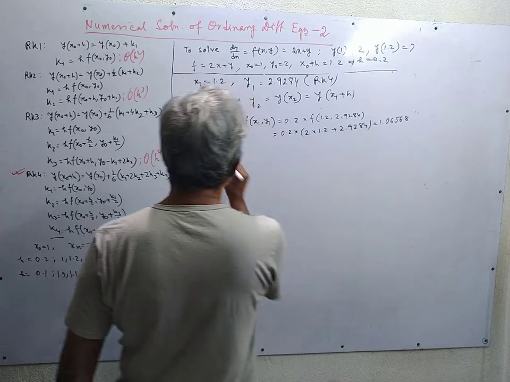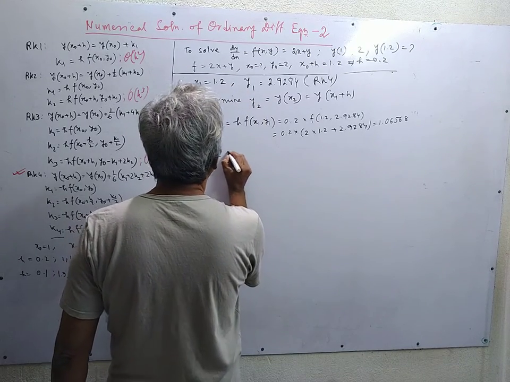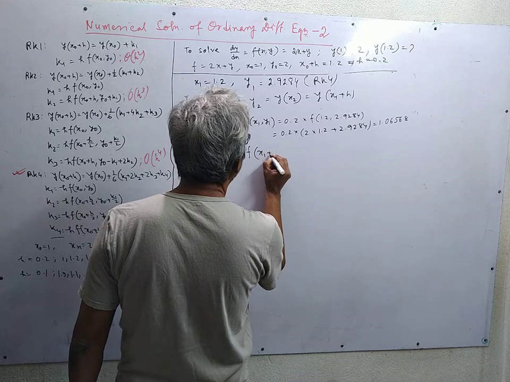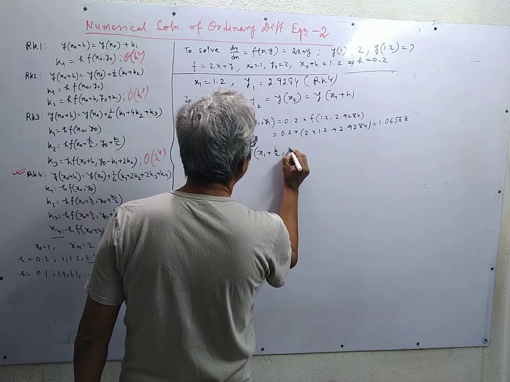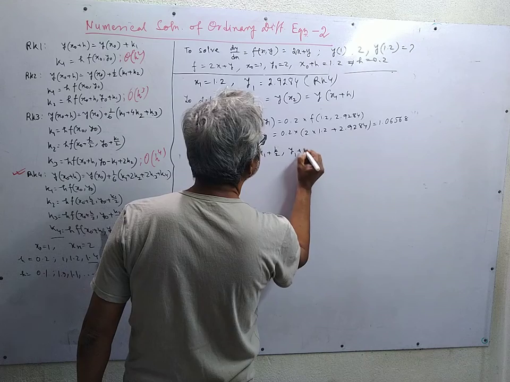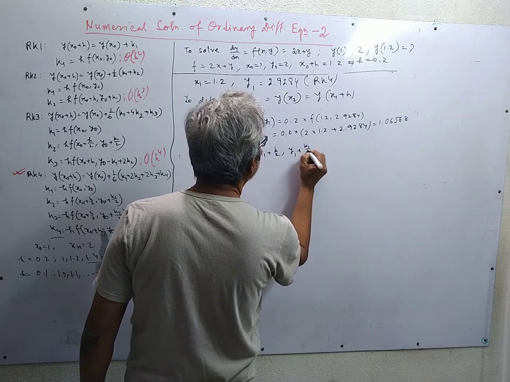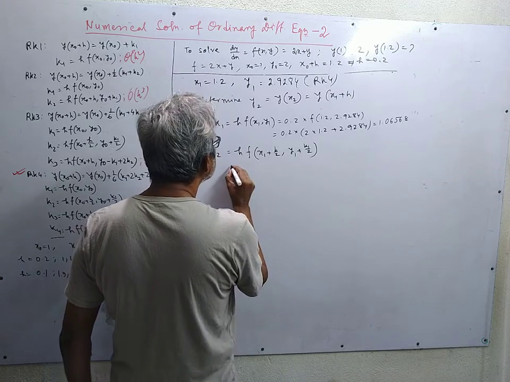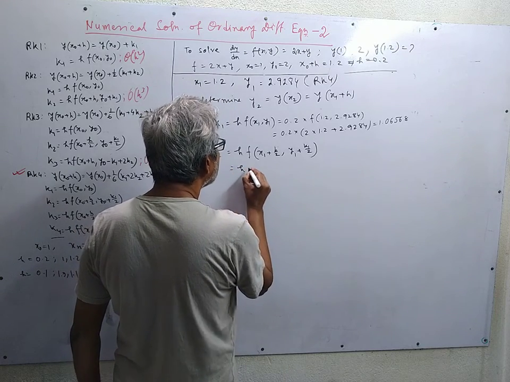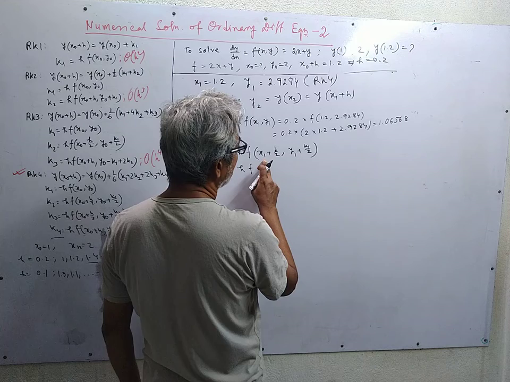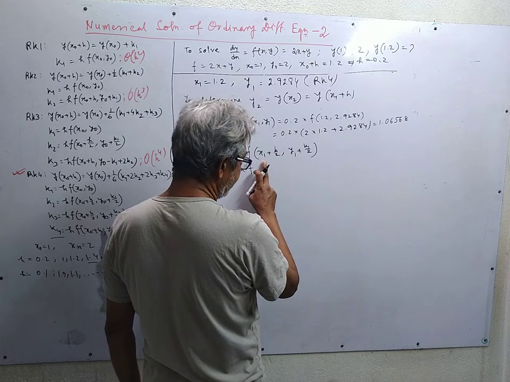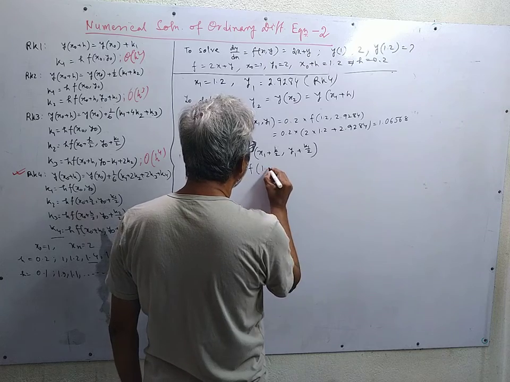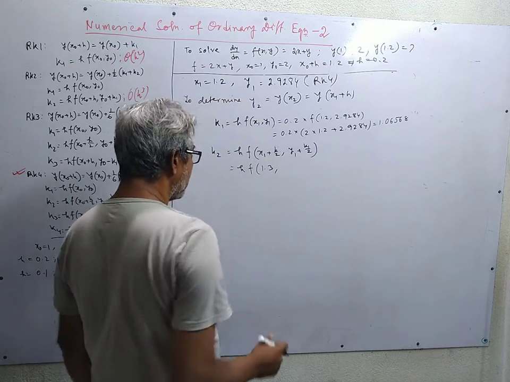Then come to K2. K2 is h f of x1 plus h by 2, y1 plus k1 by 2. Here x1 is 1.2 and adding h by 2, this part is 1.3.